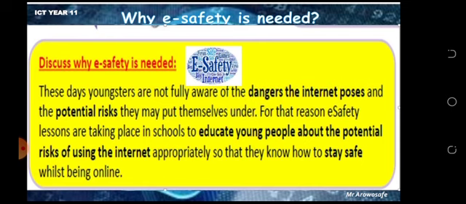For that reason, e-safety lessons are taking place in schools to educate young people about the potential risks of using the internet, so that they know how to stay safe while being online. It's very, very important.